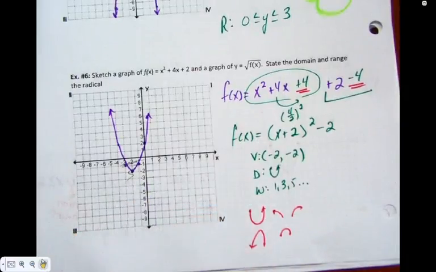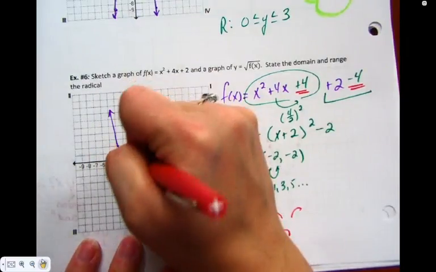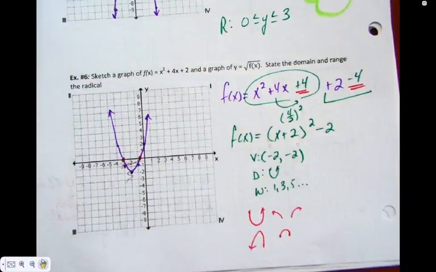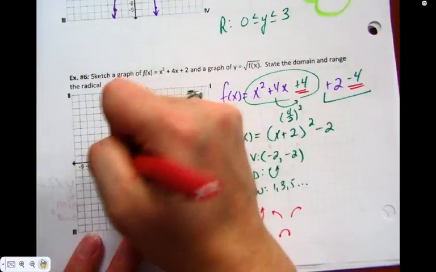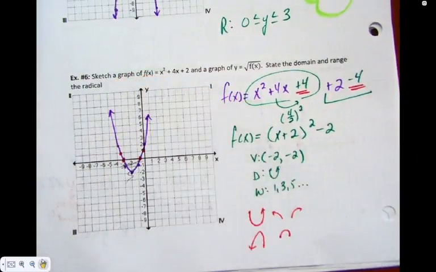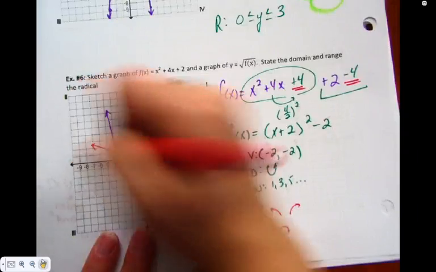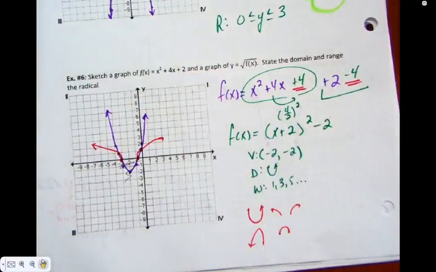Stuff under no longer exists, it's gone. Mark your points where y equals 0. Mark your points where y equals 1. Swoop to the left, swoop to the right.